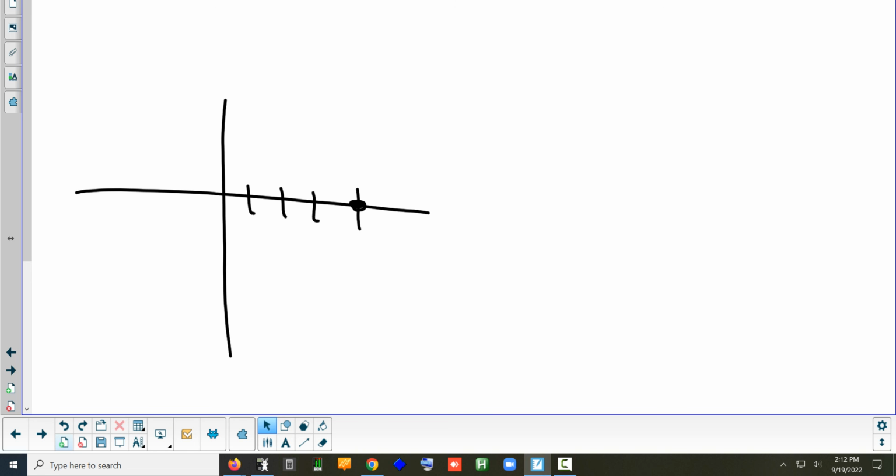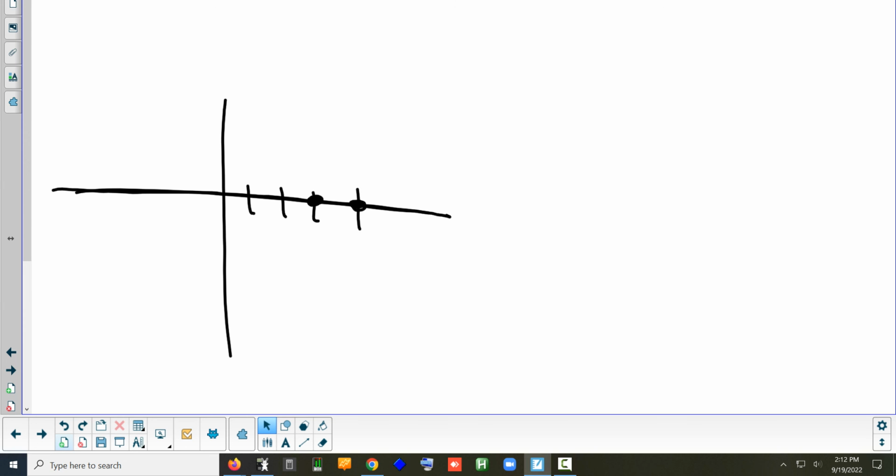What's another coordinate that has a y value of 0? 3, 0. Any point that you give me is going to be somewhere along that x-axis. What do we call a point that's on an axis?